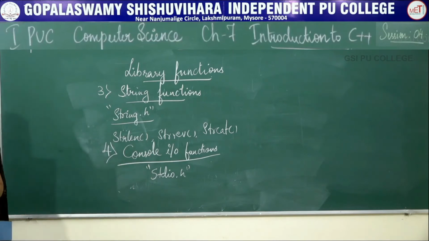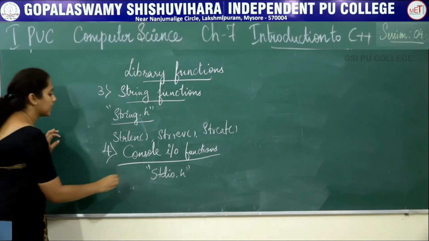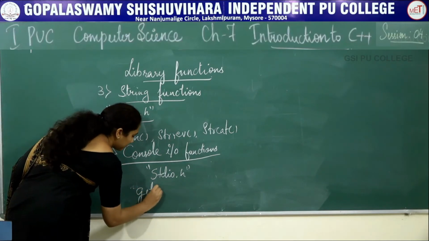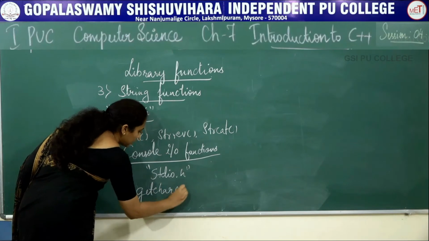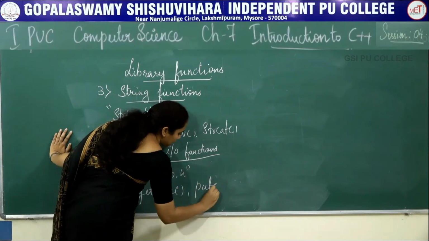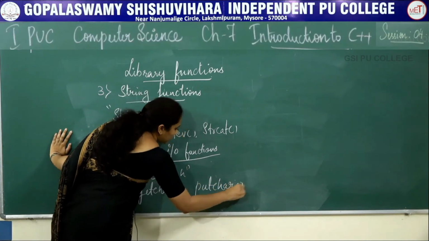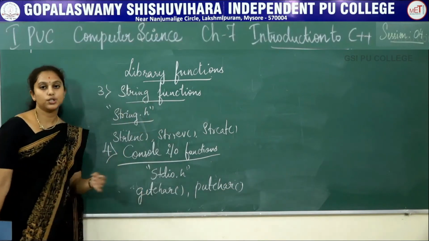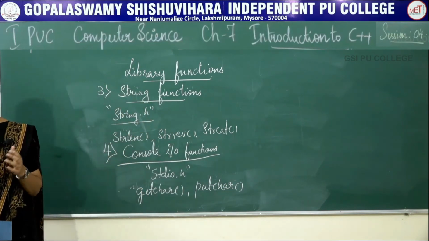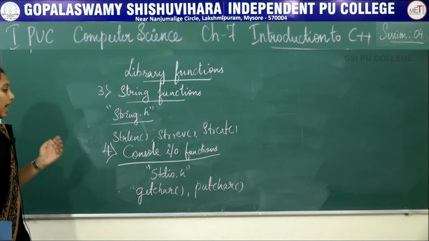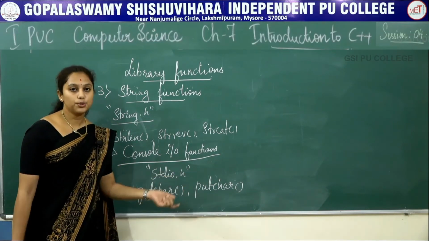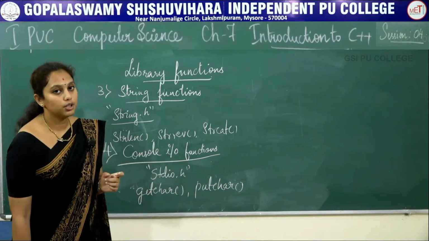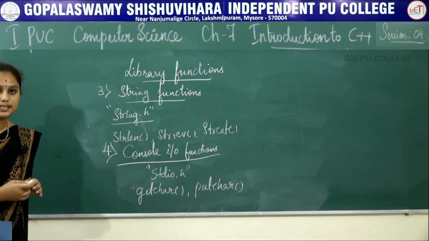Some examples for console input output are the getChar function and the putChar function. The getChar function is used to accept a character from a standard input device, and the putChar function is used to display the character on the standard output device.